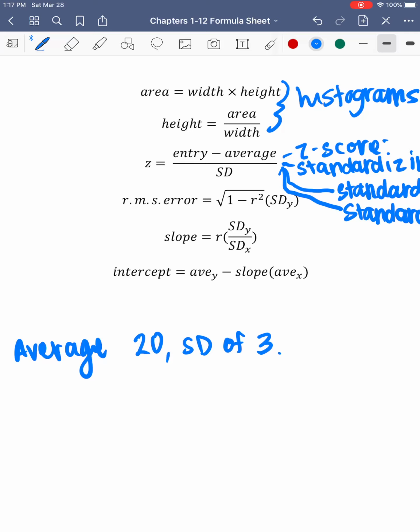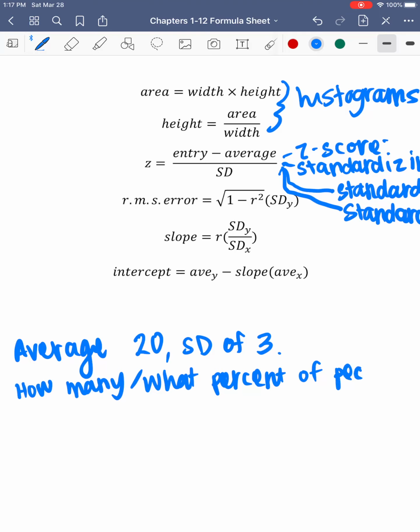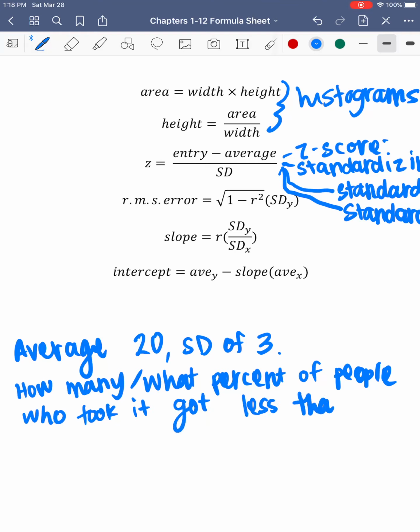Okay, I want to know what percent of people who took it got less than 25.